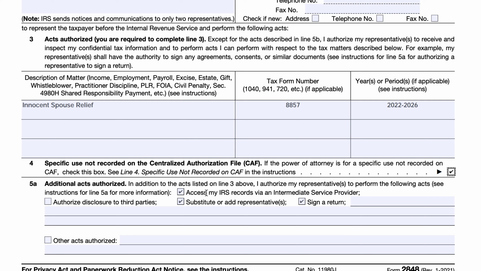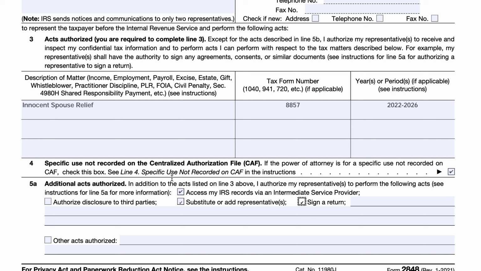You can check these boxes, and most likely your representative will check the ones that they feel they need. If they want to substitute and add representatives, you can check the box to authorize them to do that. If you want them to be able to sign your return, you can do that. If you want them to be able to send information to third parties or access your records directly through an intermediate service provider, there are services that provide that.